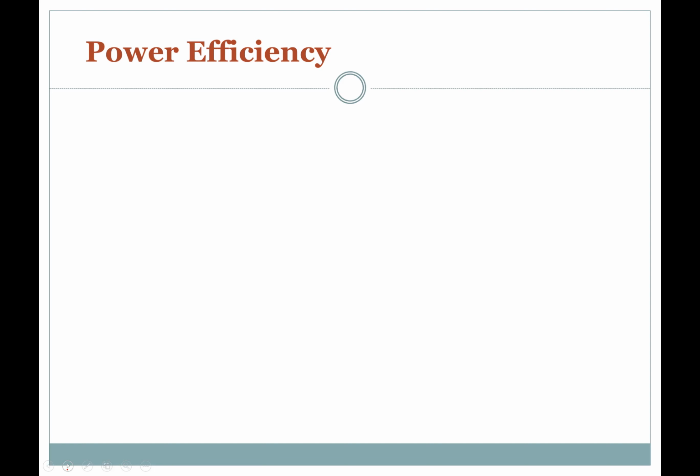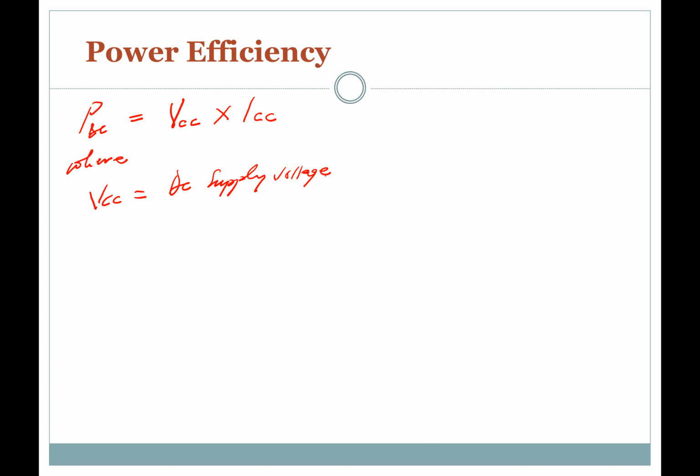So in this case, the DC power supplied to an amplifier by a DC source would be P DC equals VCC times ICC, where VCC is the DC supply voltage and ICC is the collector current.